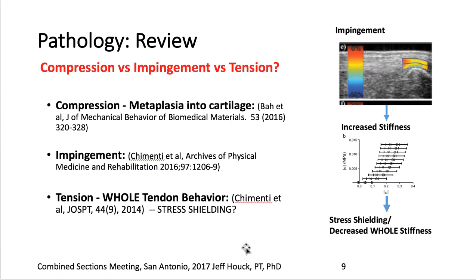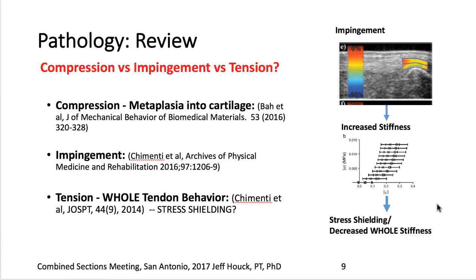We have compression with metaplasia, this increased stiffness due to cartilage, but then we also have a whole tendon behavior where it's more compliant. So the theory is that the impingement itself causes a local reaction that's adjacent to the calcaneus, which makes the tendon more stiff, but that increased stiffness also causes stress shielding within the tendon, which may unload the healthy tendon.